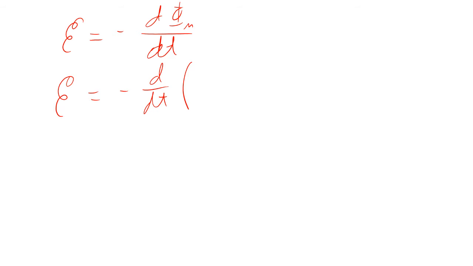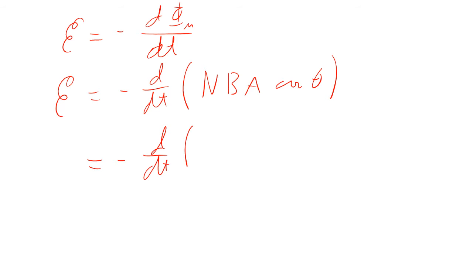The magnetic flux here is going to be equal to N times B times A times cosine of the angle. In the derivative here, we have N, B, A is pi r squared, and cosine of the angle. Well, the angle keeps changing.